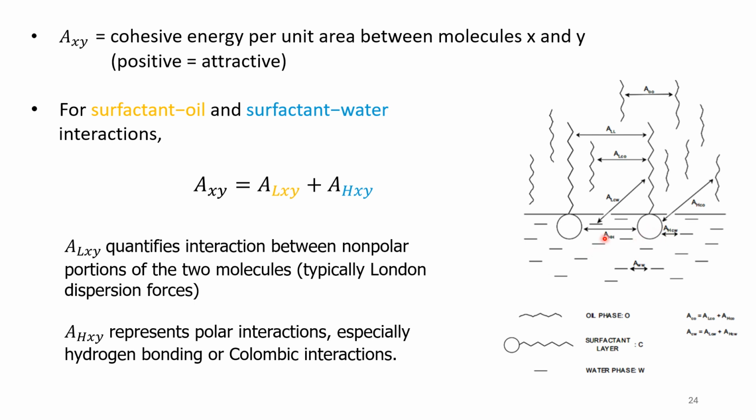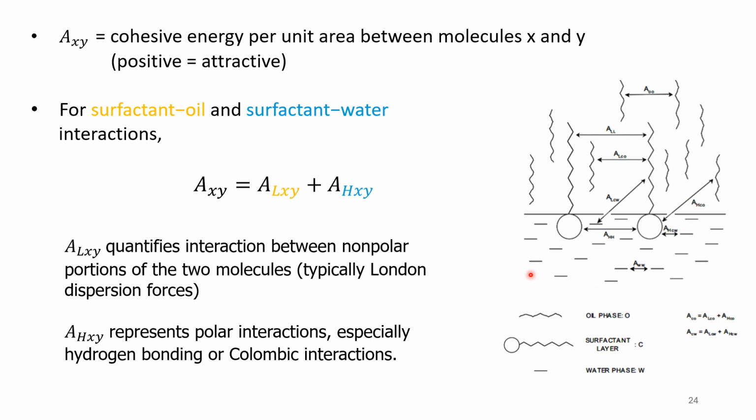Now, other than these two interactions which can occur in the aqueous phase, the surfactant molecule may also have some interactions with the oil phase. Therefore, we have the A_HO. So, in addition to these head group interactions with water and also oil, the tail part of the surfactant molecule will also interact with the oil phase and also the water phase.